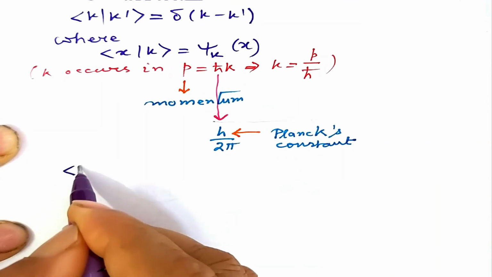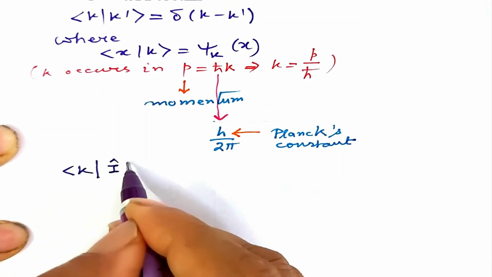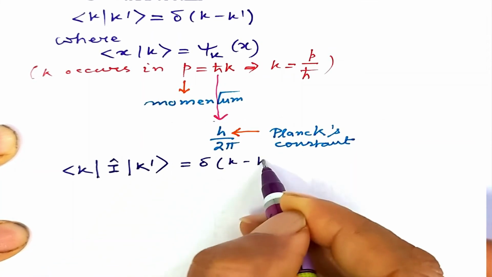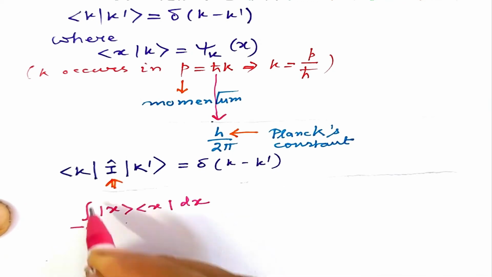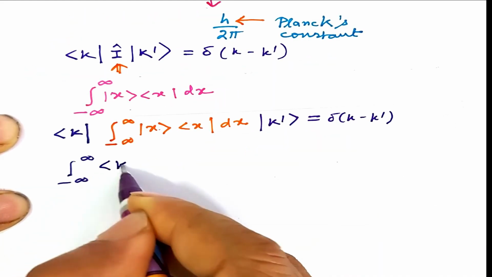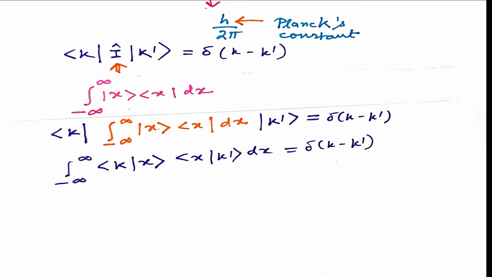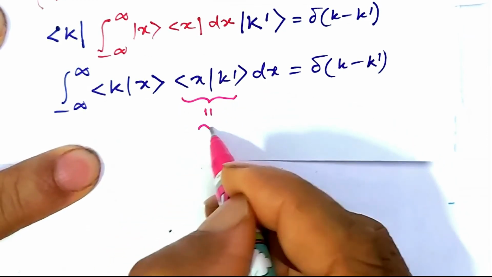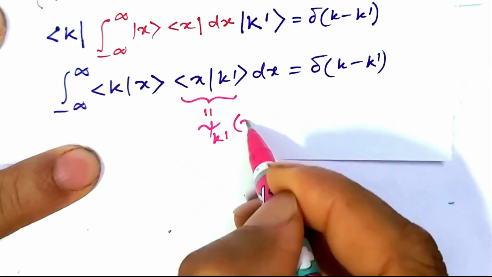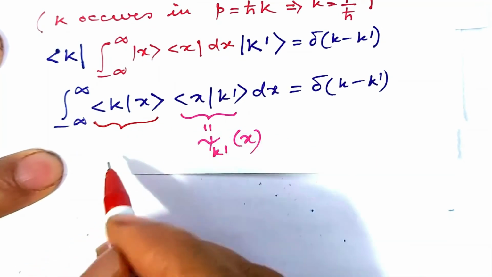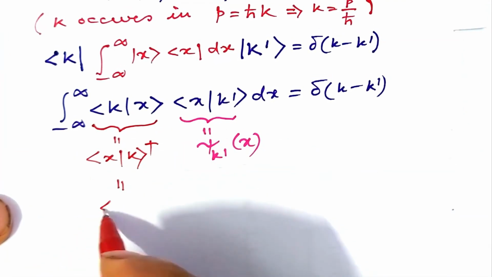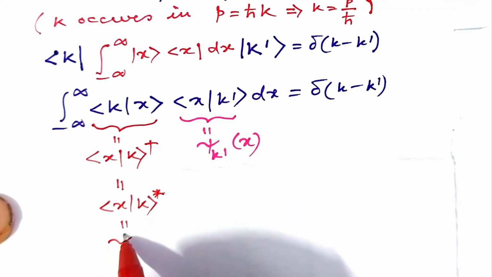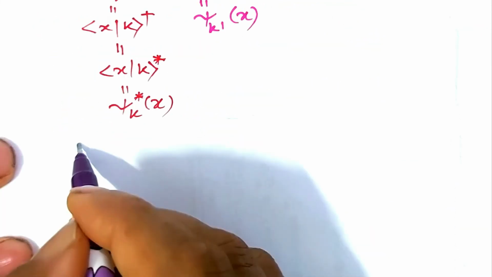Now we can sandwich a unit operator between bra k and ket k prime to get, and instead of the unit operator let us write the integral of ket x bra x dx. Bra x ket k prime is the wave function psi k prime of x, and bra k ket x is the dagger of bra x ket k, which is psi k star of x.